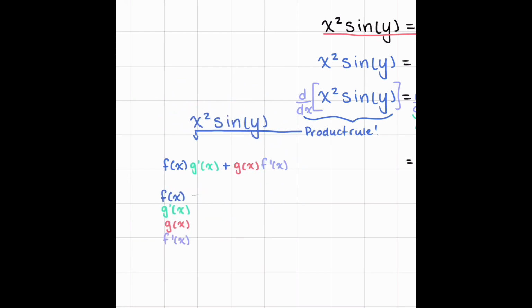So f of x, that's just going to be x squared. Let's look at g of x. That's just our sine y. F prime of x, that is 2x. G prime of x, saving the best for last. So we're going to look at the outer function first, which is just sine something. What's the derivative of sine?